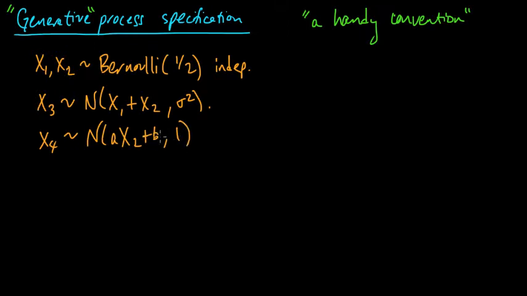Maybe variance 1. So at each step here, the distribution that I'm defining for x3, for example, depended only on the previously defined random variables.